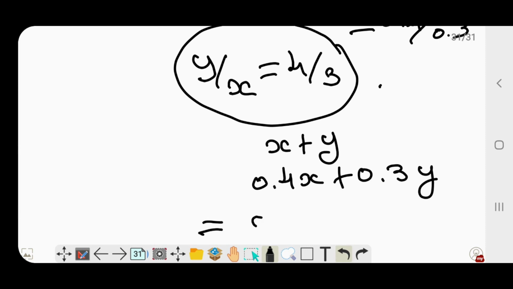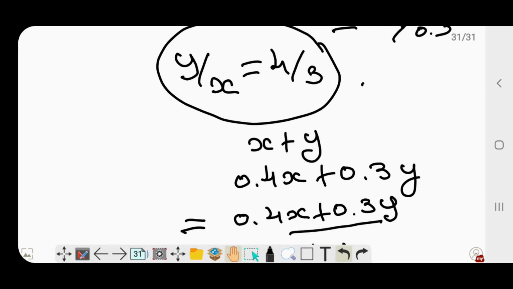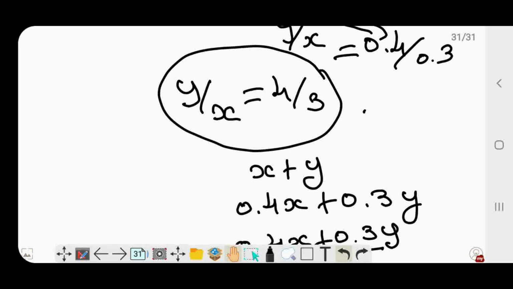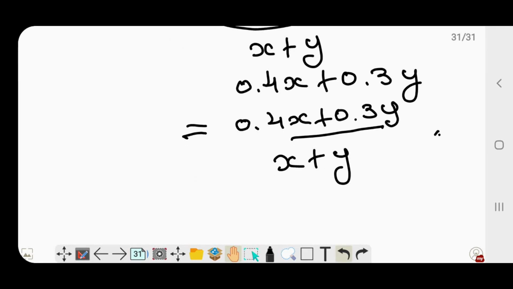Which is nothing but 0.4x plus 0.3y divided by x plus y. Okay, so we'll bring in what we have worked out here. y is equal to 4 by 3 x. When x moves here, then y becomes 4 by 3 x. So we'll replace y by x.